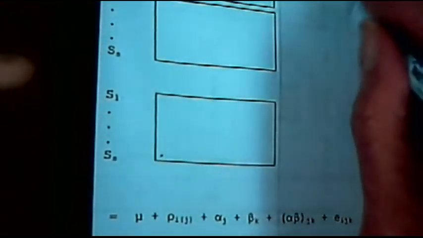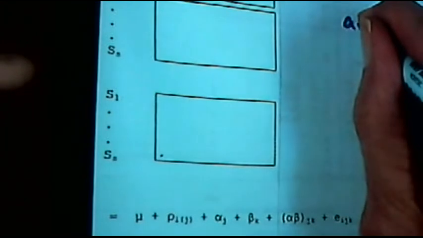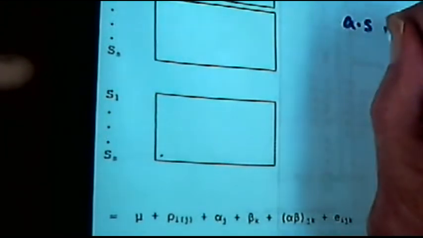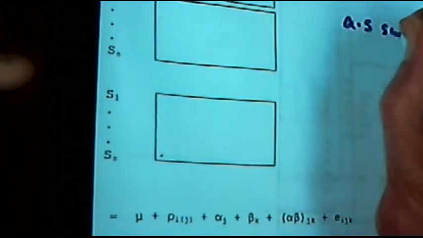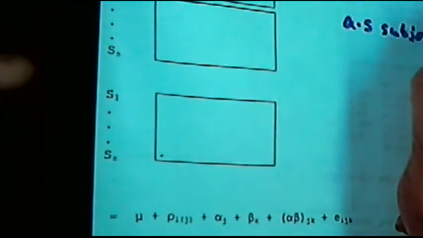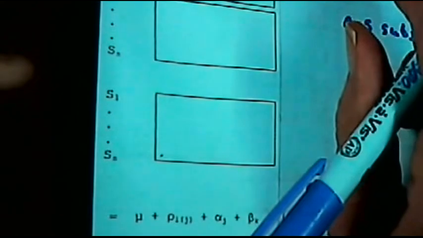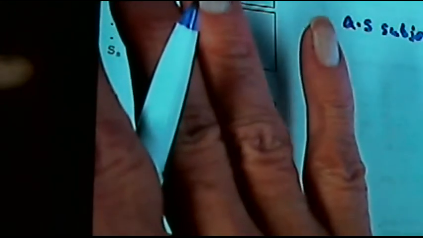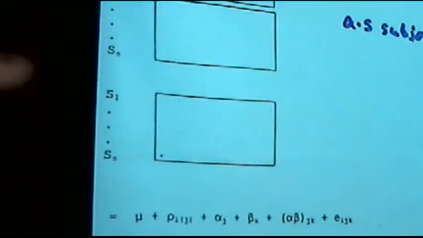Now, these subjects are all distinct, so we have, in this example, A times S subjects. So we're using different subjects in the different levels of factor A.